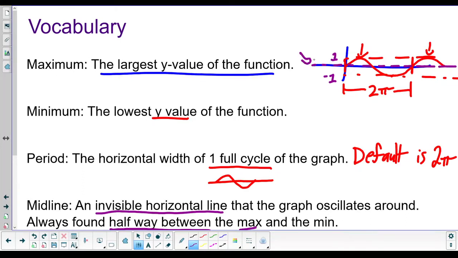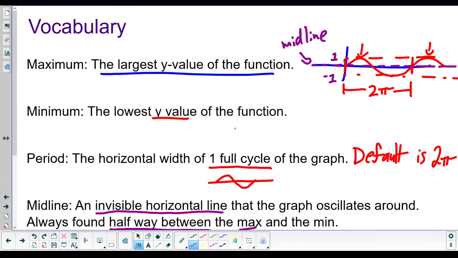So this invisible line is called the midline. It is exactly in the middle of your maximum and your minimum. That's why it's called the midline. It's going to make it a lot easier for us to graph. It's just a handy thing to find because it makes your life a little easier.